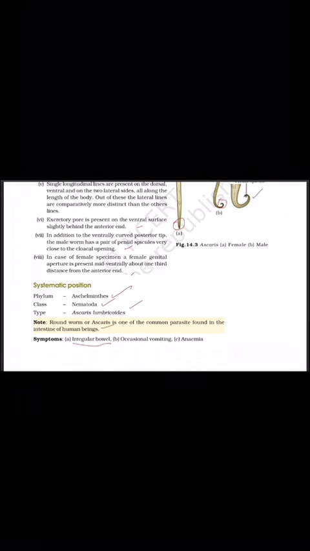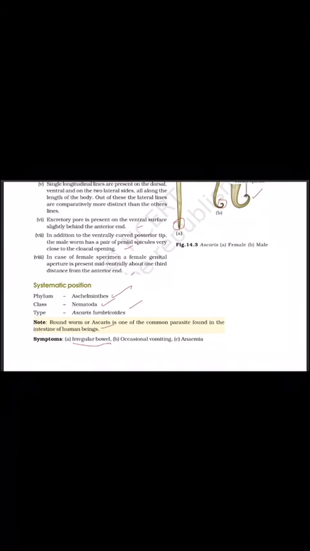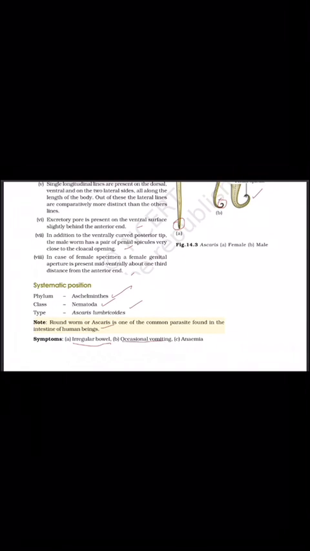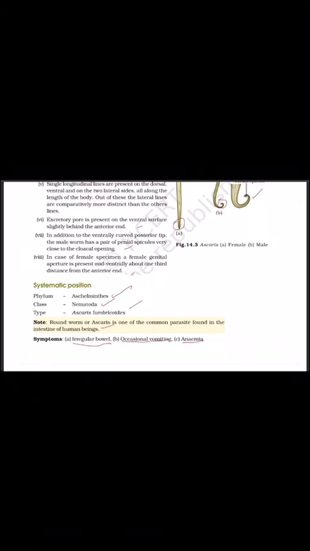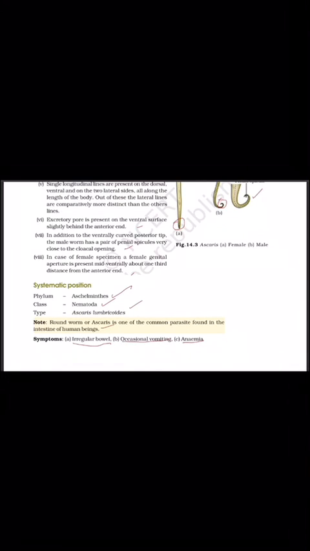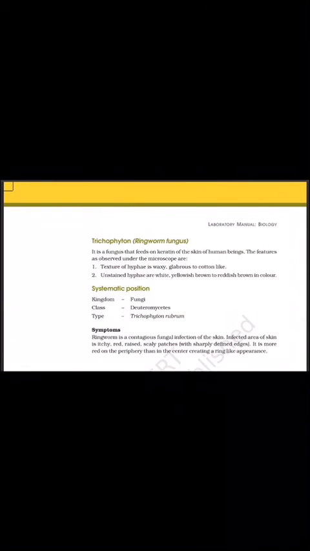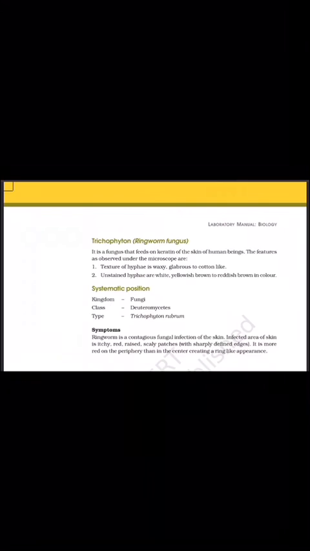Irregular bowels, so one day loose motion, one day constipation, alternately, occasional vomiting, and of course the most important thing is anemia, because it eats off the tissues and the hemoglobin content comes down. That results in this. The hemoglobin content comes down, anemia comes.